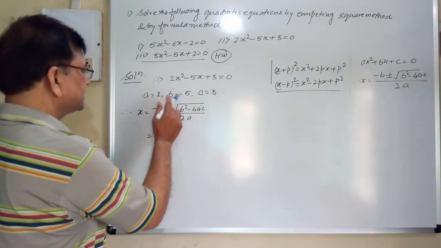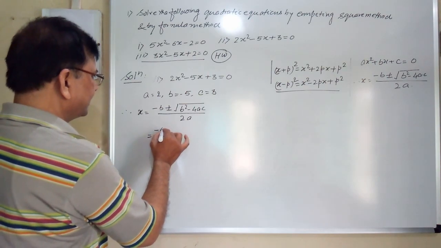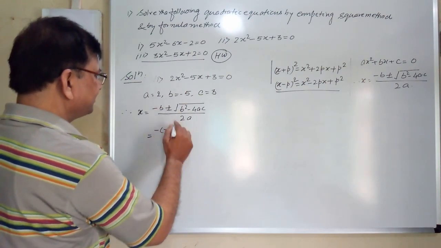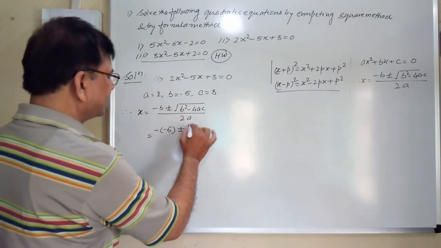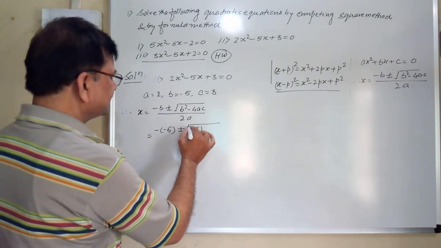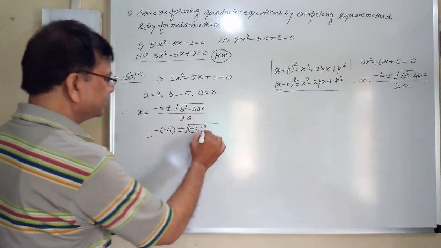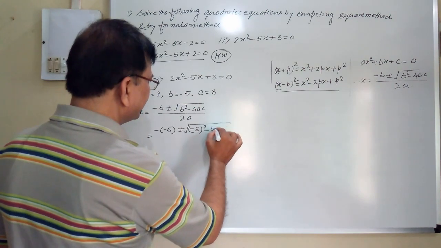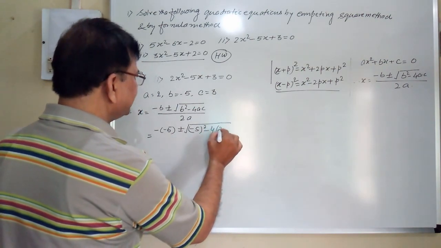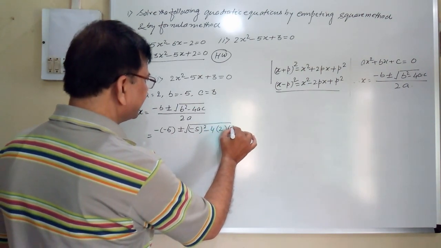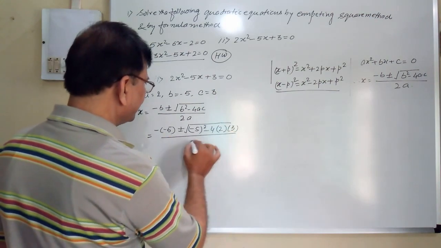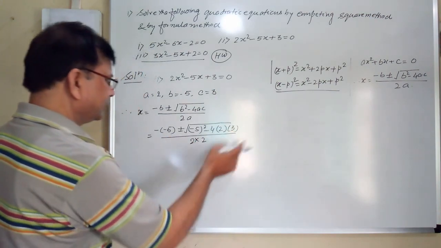Put the values: minus b is 5, plus minus under root minus 5 whole square minus 4 into A is 2, C is 3, upon 2 into 2.